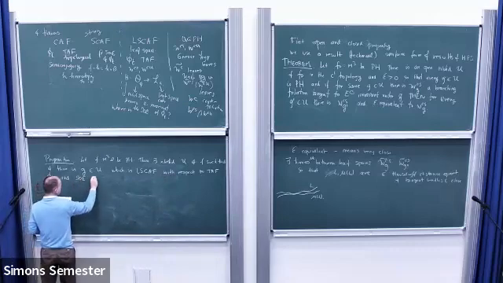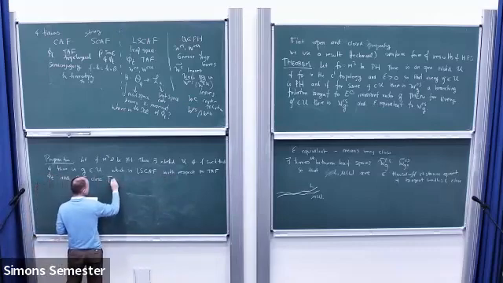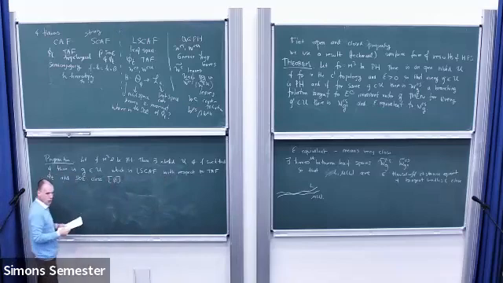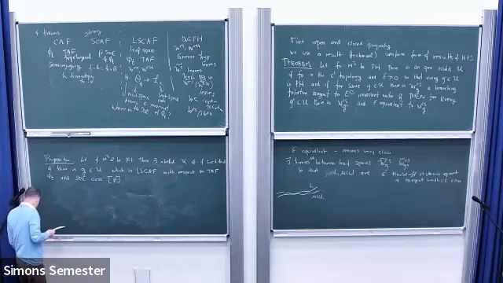I said that if you have a leaf space collapsed Anosov flow, there is a self-orbit equivalence class associated to it.